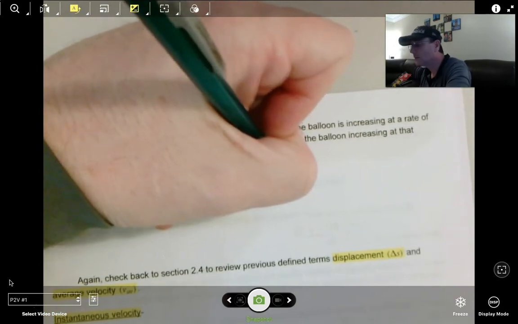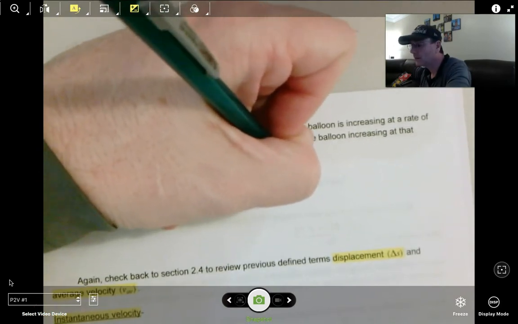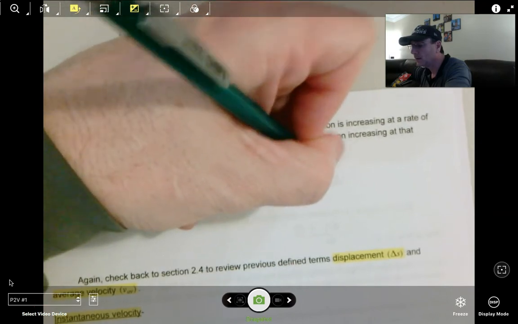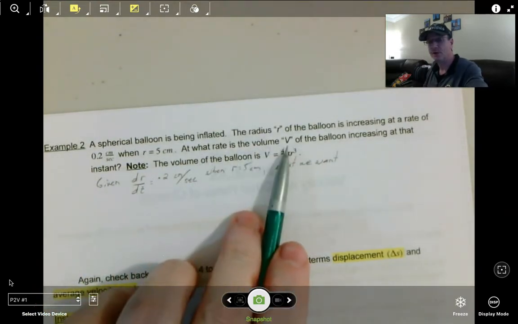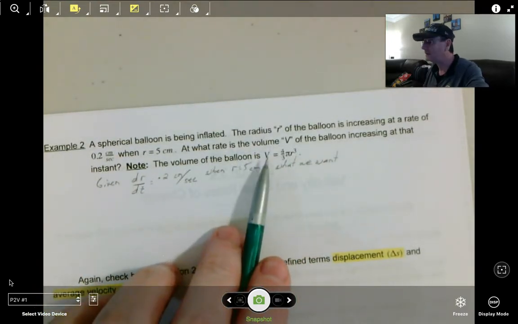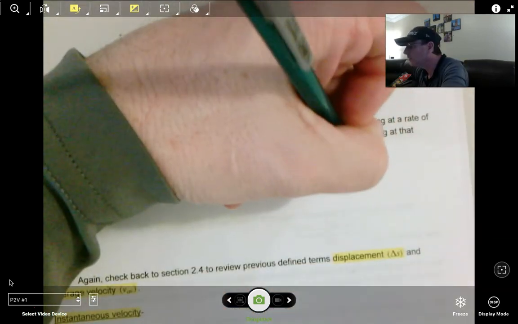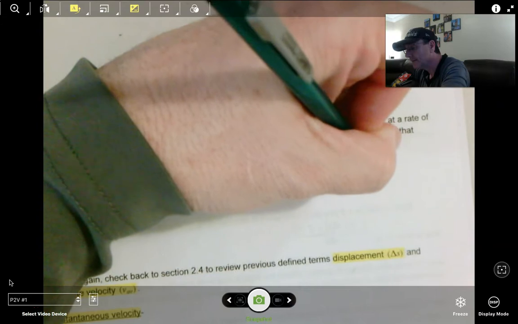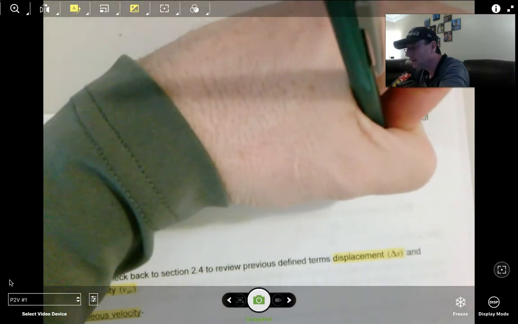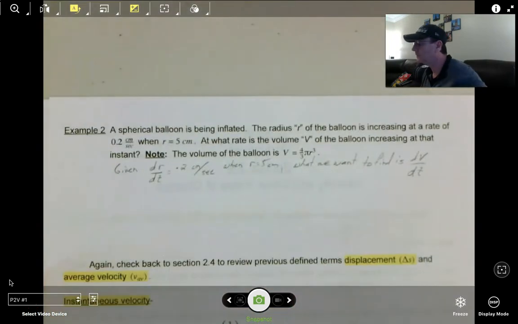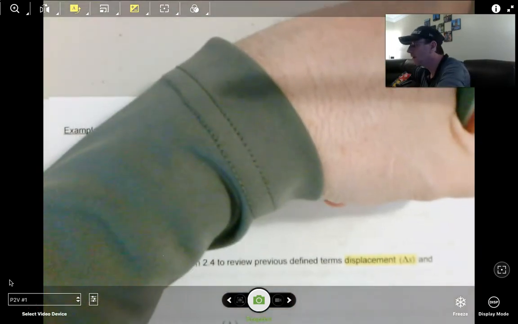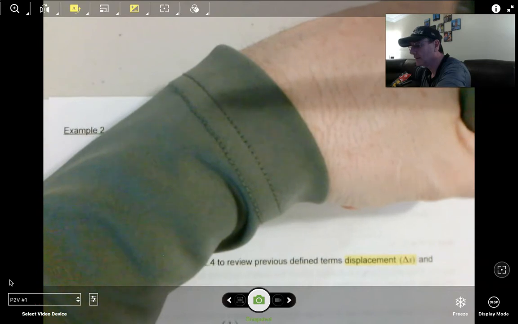What we want is the rate of change of the volume. So we want dV/dt in that exact instant.